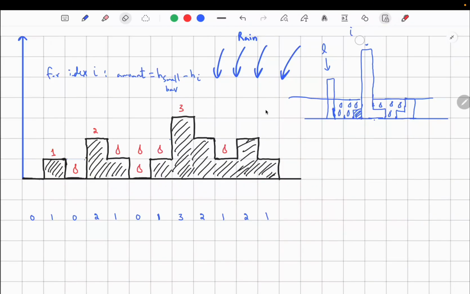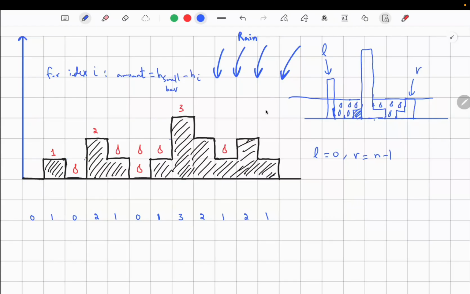So initially, what did we do? How do we think about implementing this algorithm? Initially, we were looking at the left and we were looking at the right. So we will need pointers L equal to index 0 and right equal to index n minus 1, which is the last index in the array.